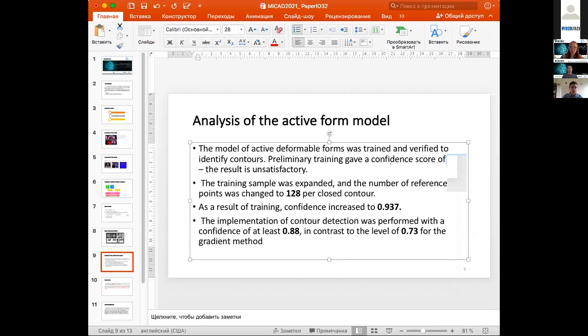As a result of training, confidence increased to 0.937. The implementation of contour detection was performed with confidence of at least 0.88, in contrast to the level of 0.73 for the gradient method.